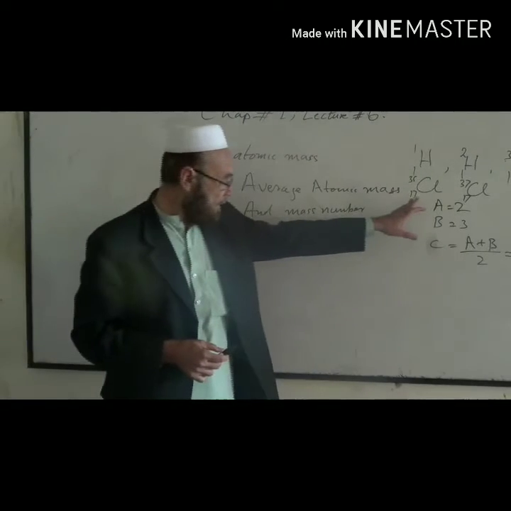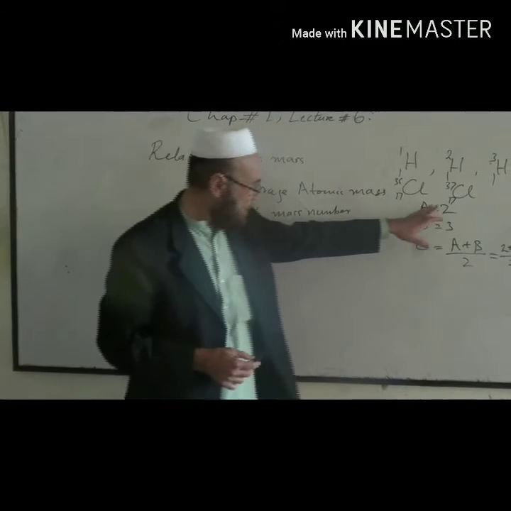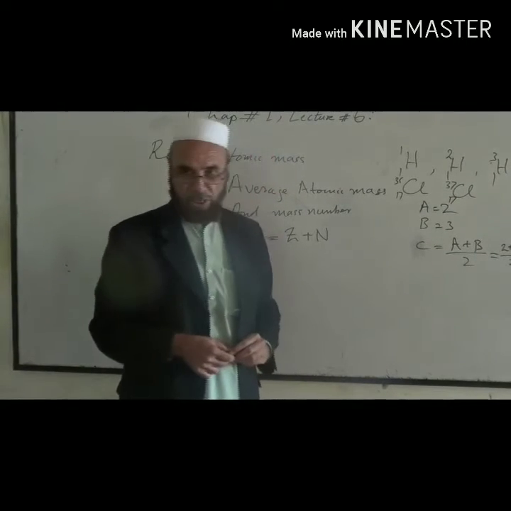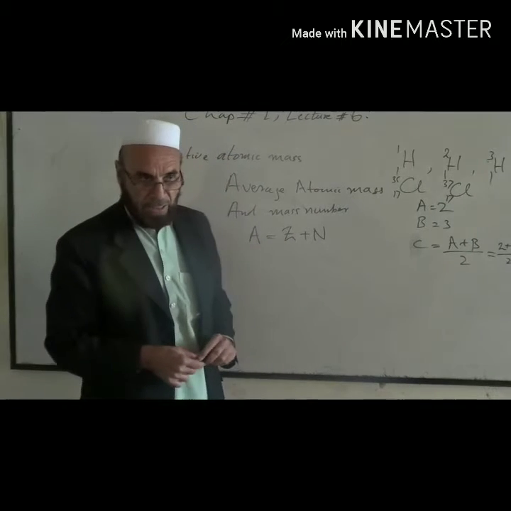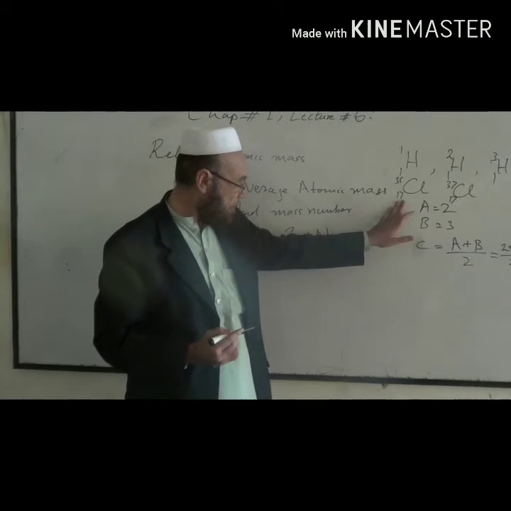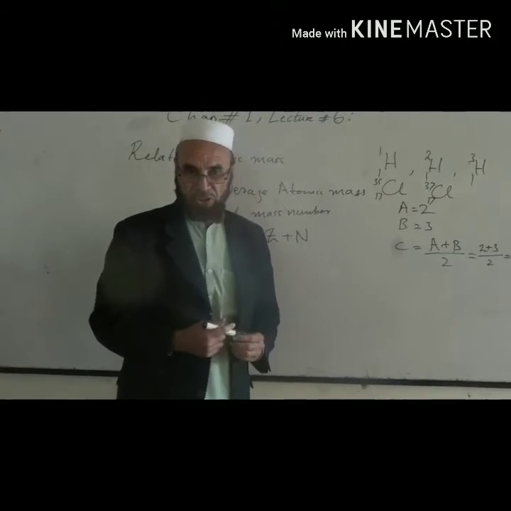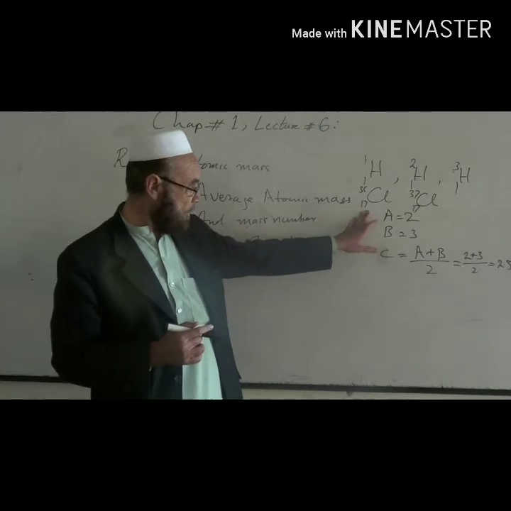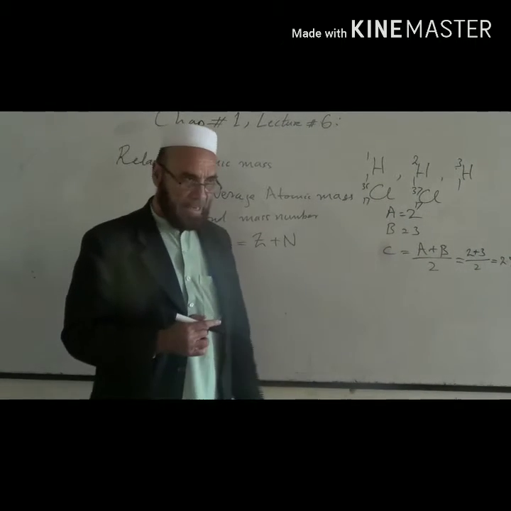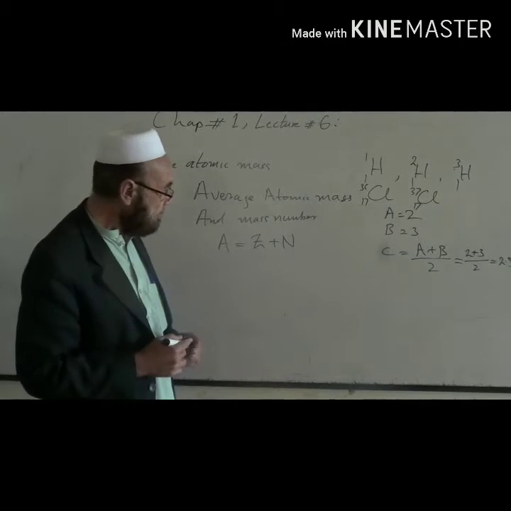Chlorine 35 is present 75% in nature. Chlorine 37 is present to the extent of 25% in nature. That is, out of 4 parts, 3 parts are chlorine 35 and 1 part is chlorine 37.